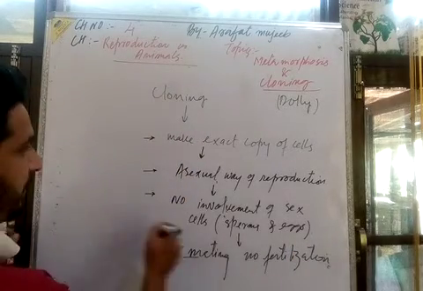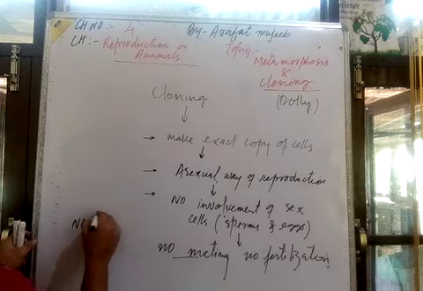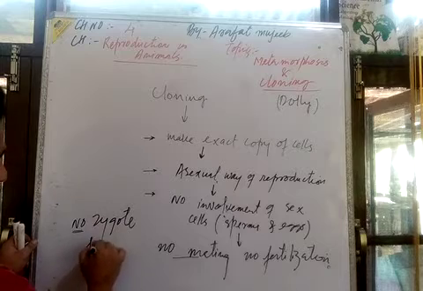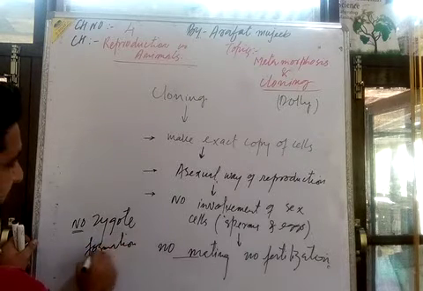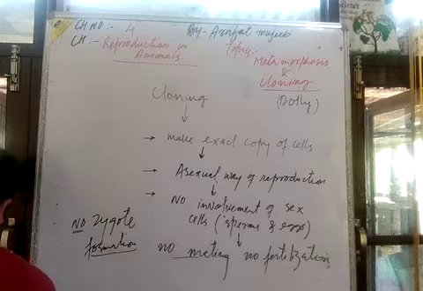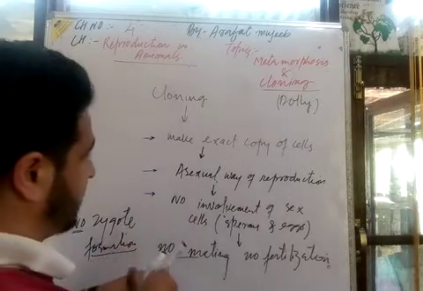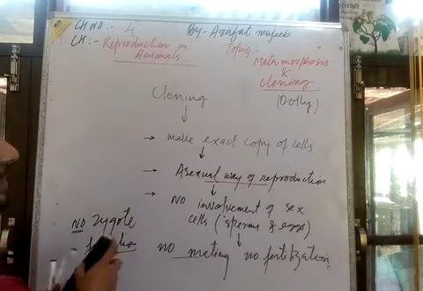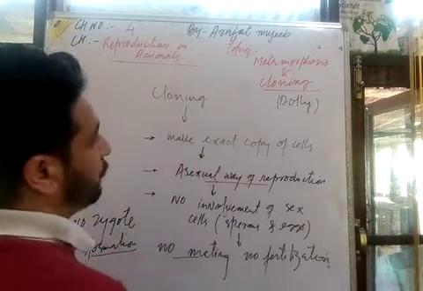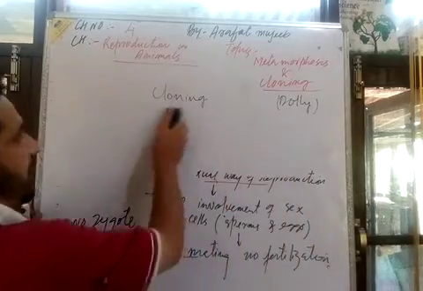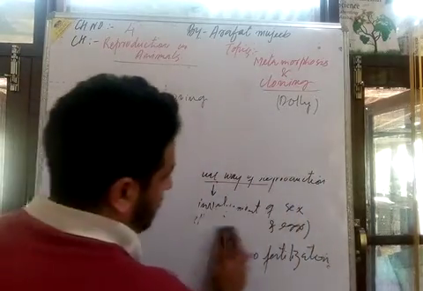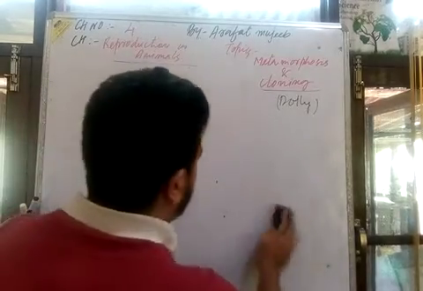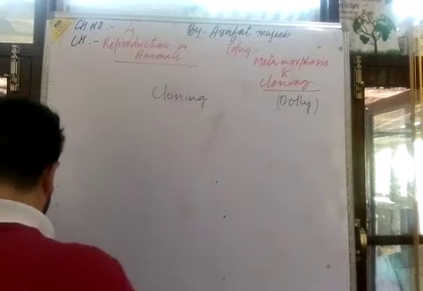Then of course here is no zygote formation, no zygote formation in cloning. क्लोनिंग में एसेक्सुअल मीन कुछ भी नहीं है, ये तो एक एसेक्सुअल वे ऑफ रिप्रोडक्शन है। तो क्लोनिंग में क्या करते हैं, वी गिव द प्रोडक्शन ऑफ एग्जैक्ट कॉपी ऑफ सेल्स, we choose a specific type of cells, then we recombine them.